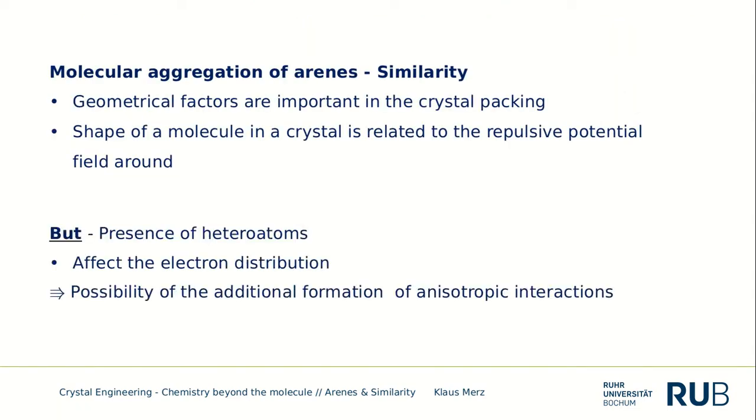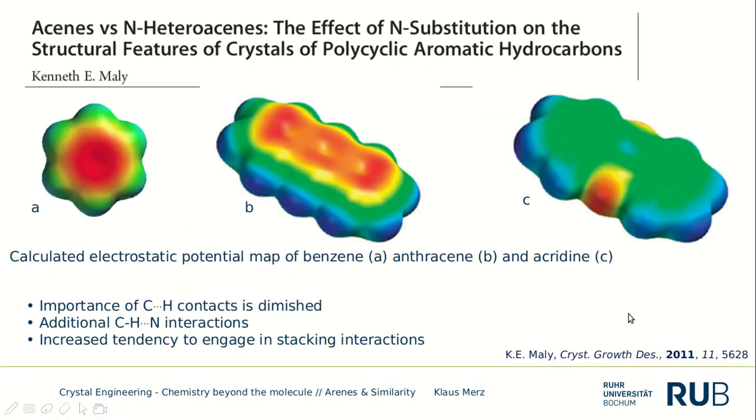If you introduce one heteroatom in an aromatic system, this introduction has an impact on the electron distribution of the whole system, and now, additionally to this close packing, additional formation of anisotropic interactions is possible. I will show you here.